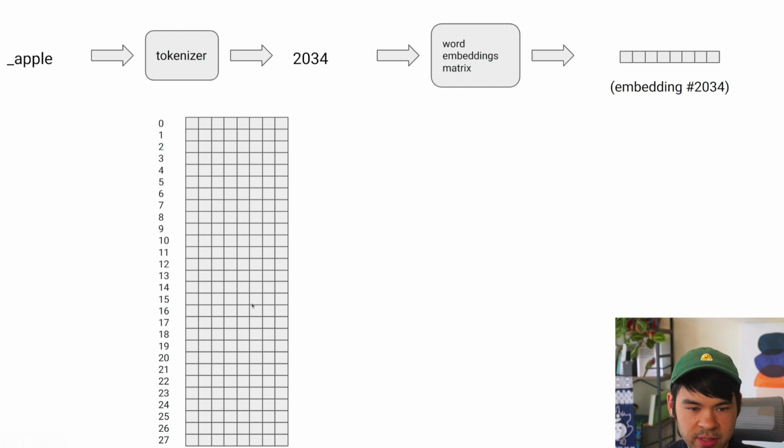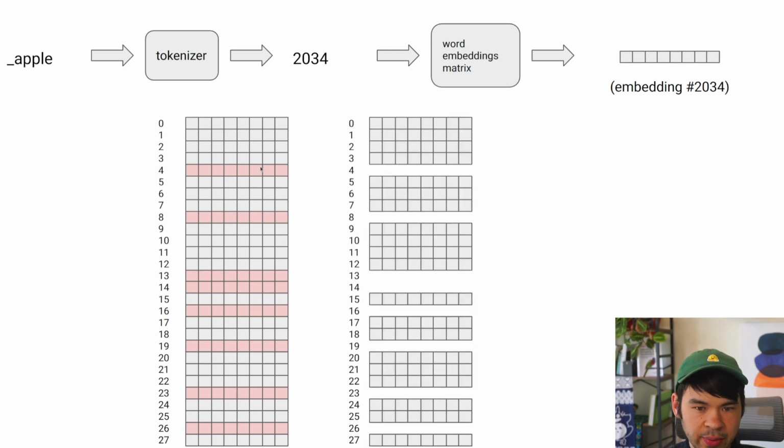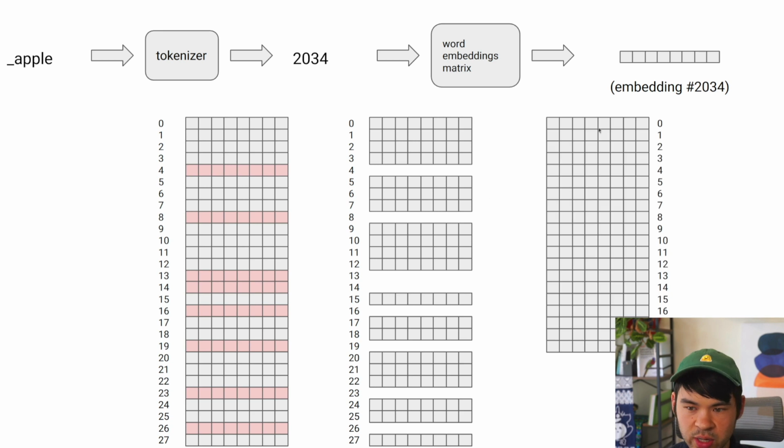So imagine this is your word embedding matrix. Each of these rows represents a different token. I'm only showing 28 rows, but in reality, you'll have tens of thousands. And say all these red ones are the ones you want to get rid of, so you can delete those. But the issue is that when you smush it down and have your new embedding matrix, all these IDs don't match up with the old ones.